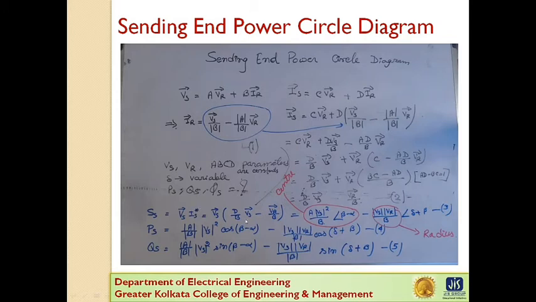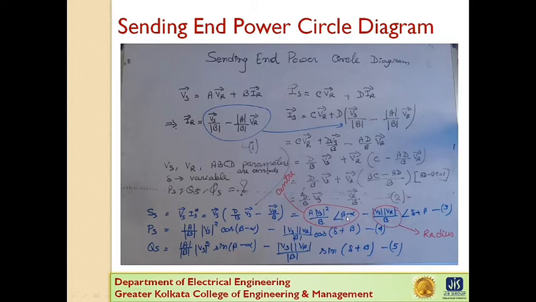Now solving this, VS square, D is equal to A, so in place of D we put A by B, angle beta minus alpha, because the angle of A is alpha and as there is a conjugate, so we put minus alpha, and this is minus beta, but here is a conjugate, so this becomes plus.